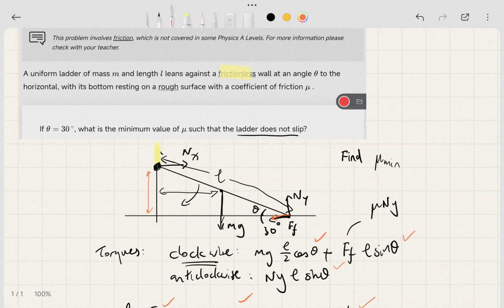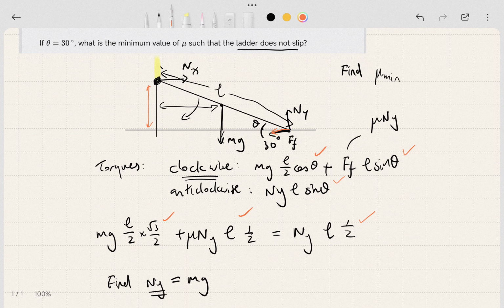Let's have a think again. So I think the torques are equal. Just based on this, the torques are obviously equal.